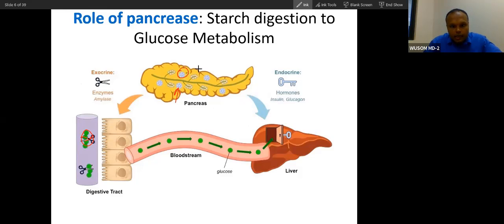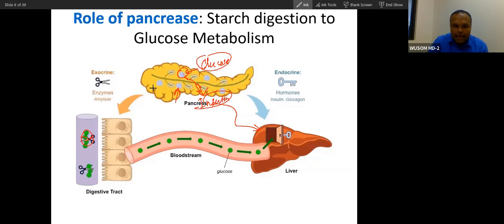Inside the islet cells there are beta cells, and these beta cells will be stimulated by glucose. Glucose will cause release of insulin, and this insulin again induces the metabolism of glucose. So this is glucose digestion, and then after absorption, this insulin.